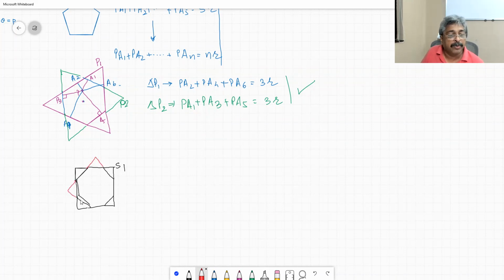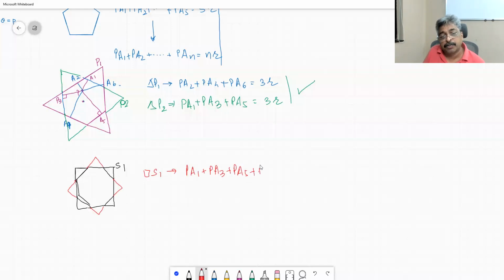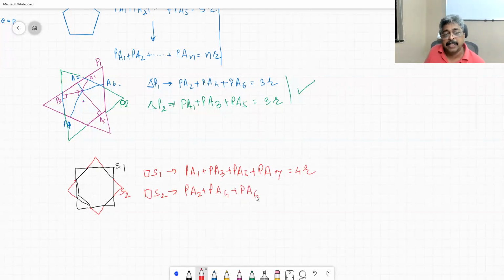Both of them are going to be congruent to each other, therefore their corresponding distances are going to be equal. So square S1 will give you PA1 plus PA3 plus PA5 plus PA7 is equal to 4R, and square S2 will give you PA2 plus PA4 plus PA6 plus PA8 is equal to 4R.